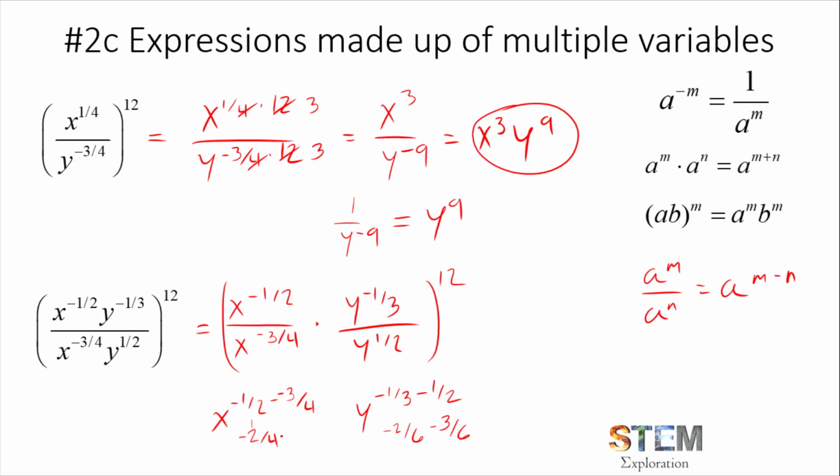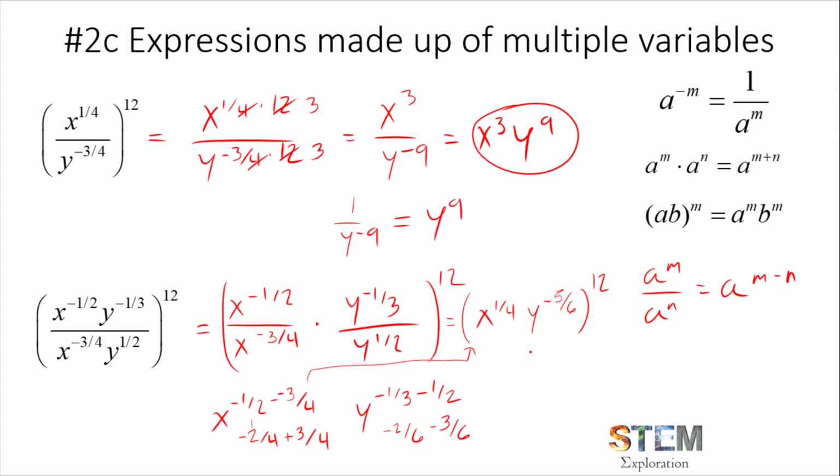So -2 over 4 plus 3 over 4 would create a new expression here where we would have x to the 1/4 power, and -2 over 6 minus 3 over 6 would be equal to y to the -5 over 6, all to the 12th power.